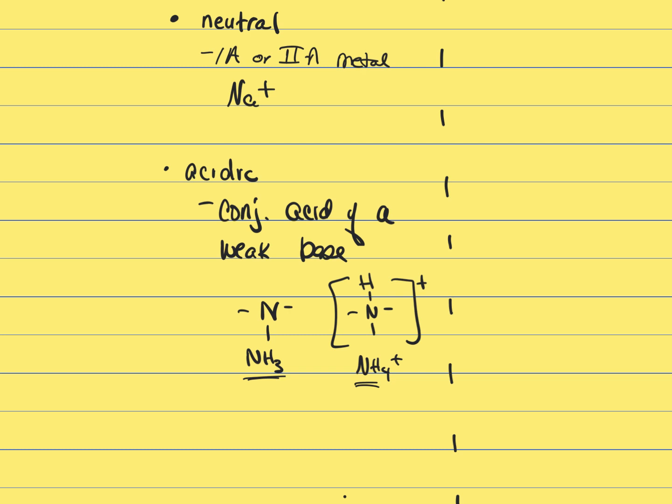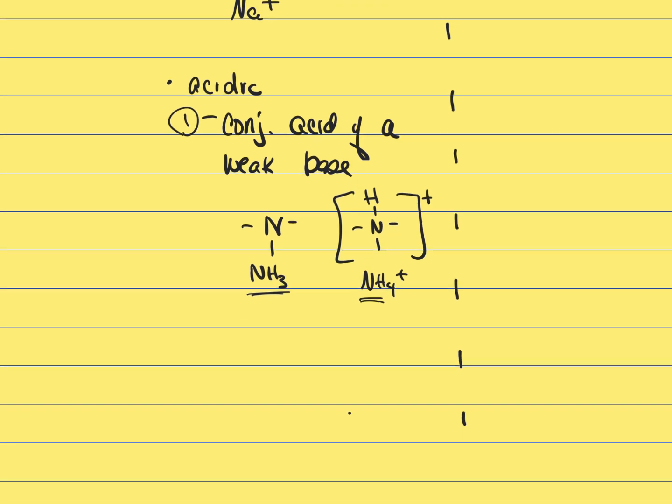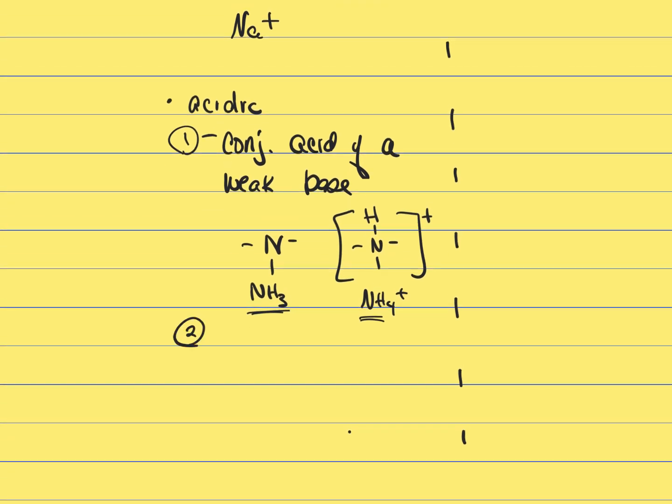Anytime you have the conjugate acid of a weak base, and I've shown you how to recognize it, then the cation is going to be acidic. So that is one way to be acidic. There is another, more obscure way to be acidic, and that is to be a small, highly charged ion, something like Fe3 plus.